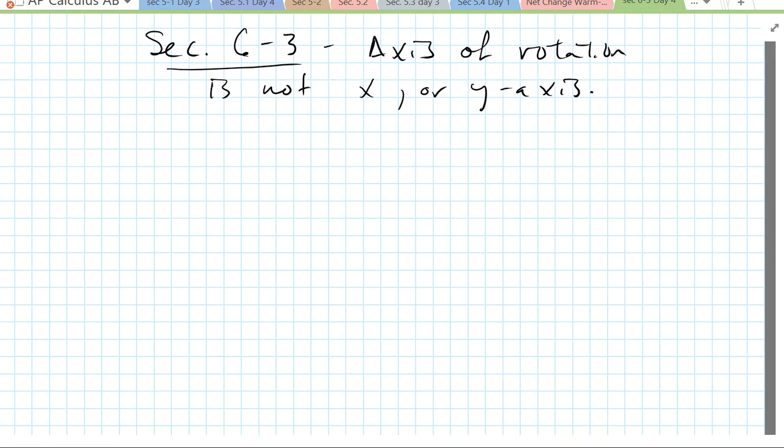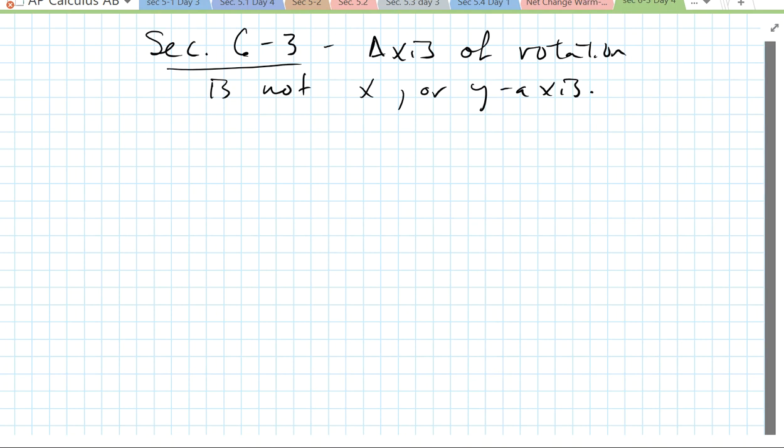Well, let's take one of the problems we've done before, and I'm just going to stick an axis of rotation out somewhere else. From yesterday we had like 2 examples when we did discs. Now we're going to do one that is going to require a disc, but I can also do this with washers.